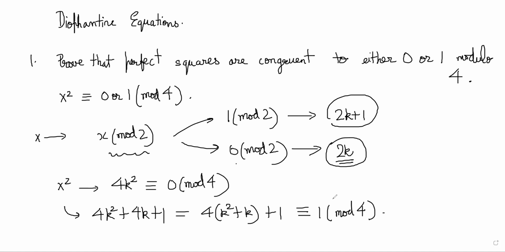So what we are seeing is all integers will fall under either even or odd classes. And in both of these cases, x square will only be 0 mod 4 or 1 mod 4. So that just tells us that any perfect square will always be either 0 or 1 modulo 4, right? Okay. Let's look at the next problem.